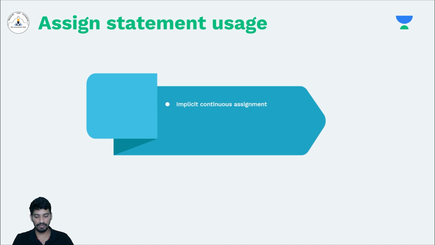Now let's see what is implicit continuous assignment. The name itself is suggesting implicit means the place where it is residing, right? So implicit of declaring a net and then writing a continuous assignment on the net. So what I mean is you can define the net as well as you can write the net there itself like this.